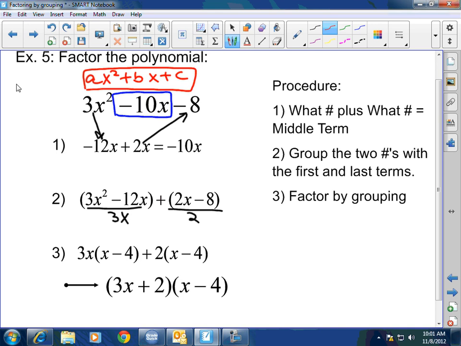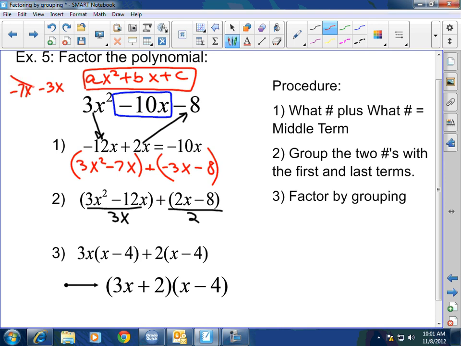Hold on. Let me show you why this doesn't work. If you have negative 7x and minus 3x, okay? When you put the 3x squared minus 7x, and then you have plus negative 3x minus 8, and you try to group these, are you ever going to make those binomials look equal?